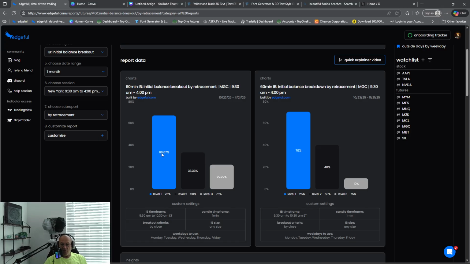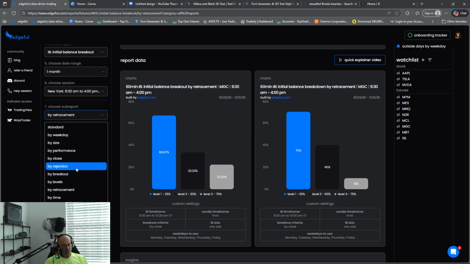And I need my stop loss to cover at least 50%, because it does happen a bit, but it doesn't happen that often, to then go back and break back down below. Because remember, our single break days are huge. We very rarely ever go back, and sometimes it's a 0% chance over the last 6 months that we go back and break the other side of the initial balance. So this would be my second entry criteria here.